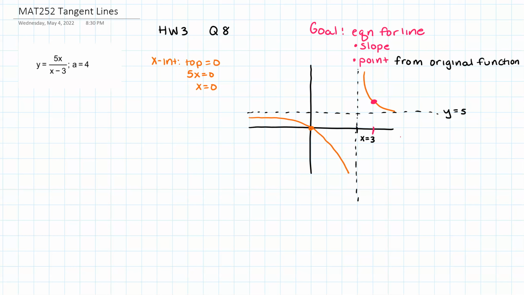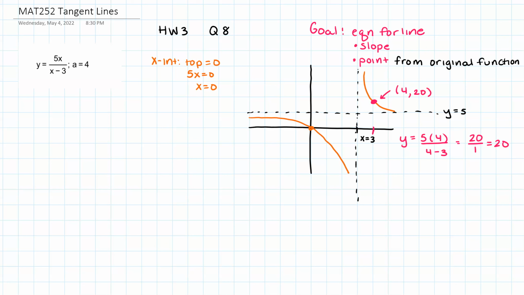So I'm going to have y equals 5 times 4 over 4 minus 3, sorry, I did the math in my head. 20 over 1, which is just 20. So this location here is (4, 20).